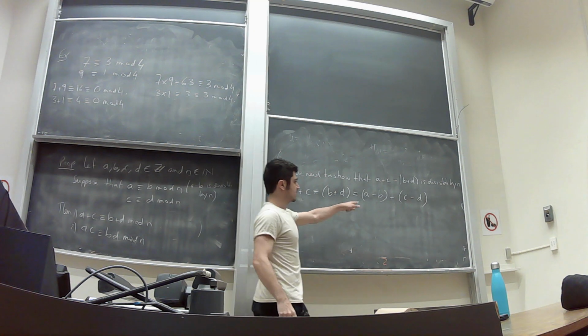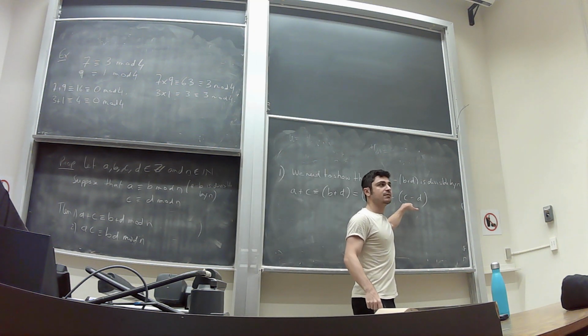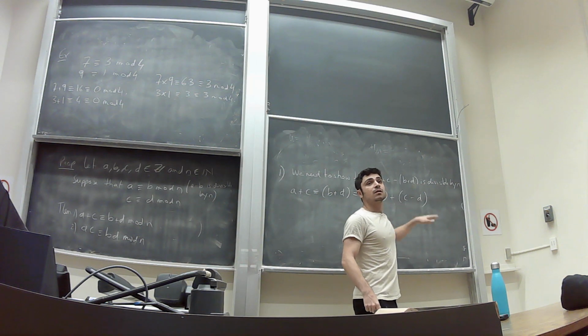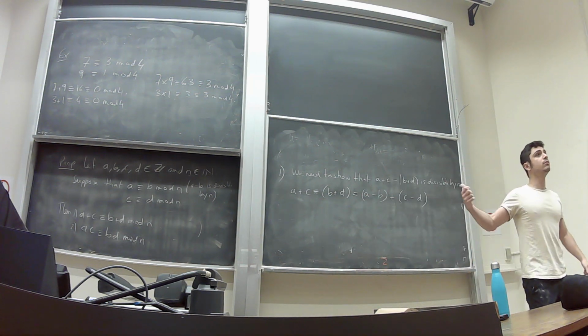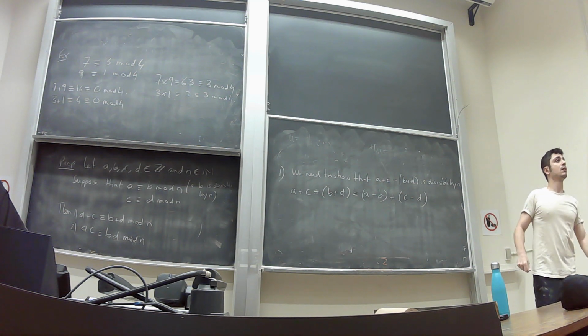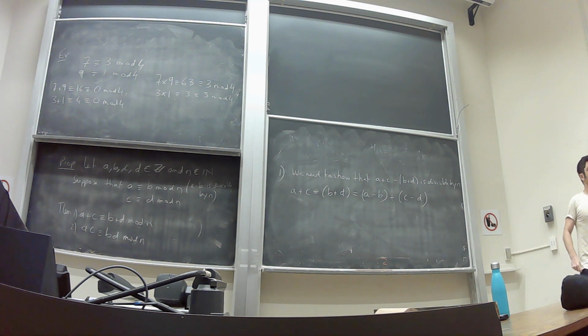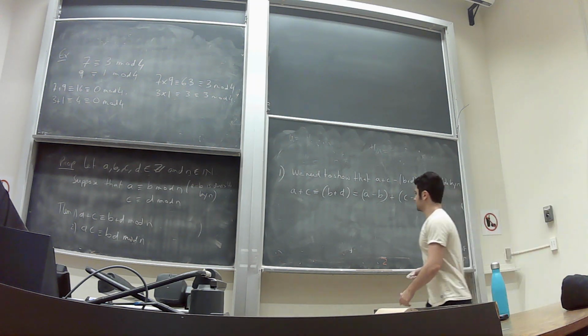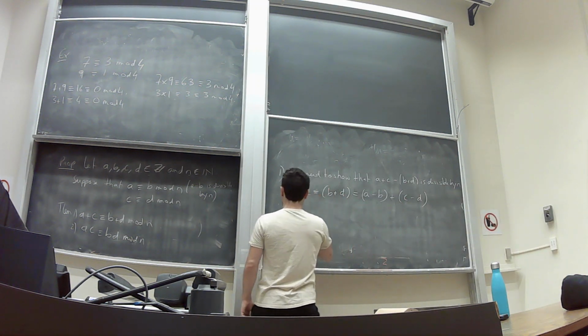Is C minus D divisible by n? Yes. Why? Because C is congruent to D mod n. Very good. Are we good with this? Yes. Everybody? How would you like to write A is equal to B plus everything? Sure, we can do that. So, okay, let's write this.